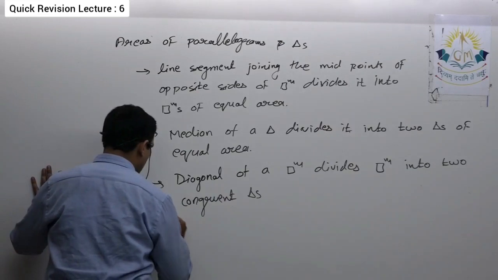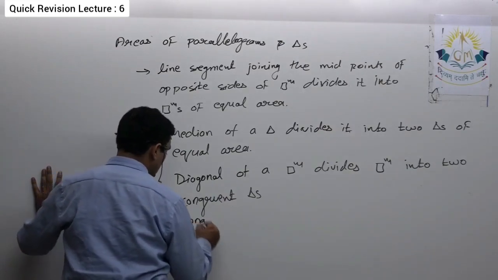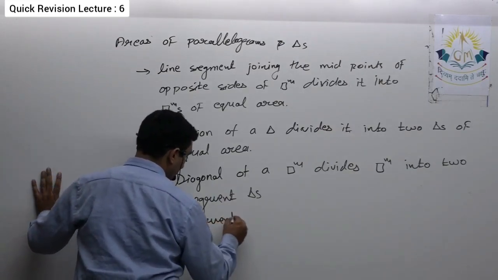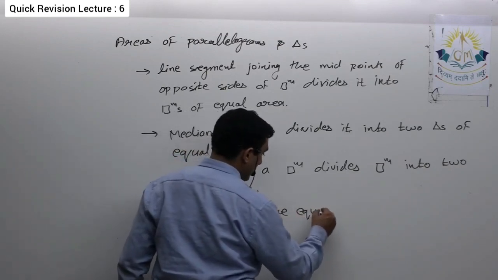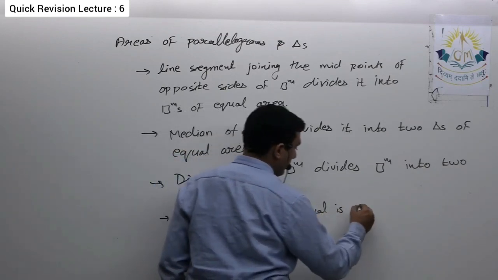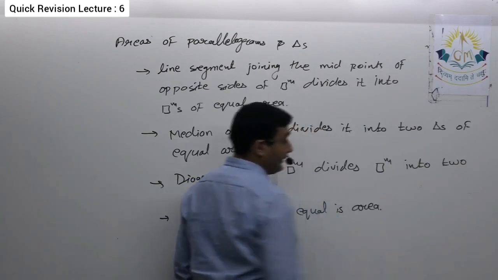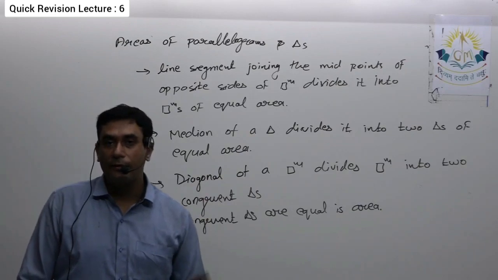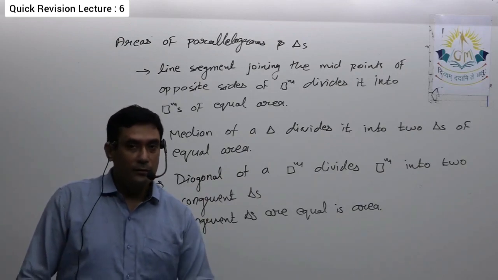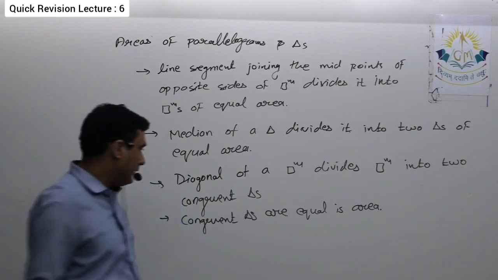So next we'll write, congruent triangles are equal in area. But the vice versa is not correct. That means if there are two triangles which are equal in area, we can't say that they will be congruent.